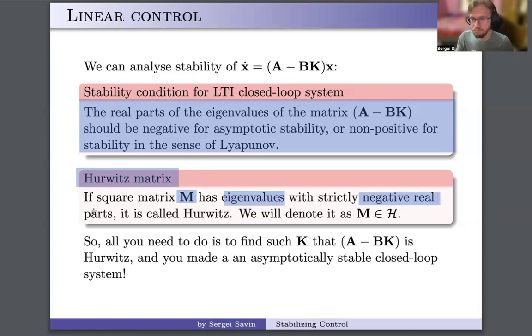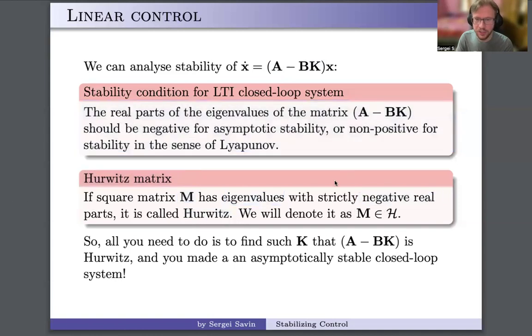Straight from the definition of stability. Such a matrix will be called Hurwitz, and if we want to notate it very shortly, we write that M is in the set of Hurwitz matrices. So M is Hurwitz.